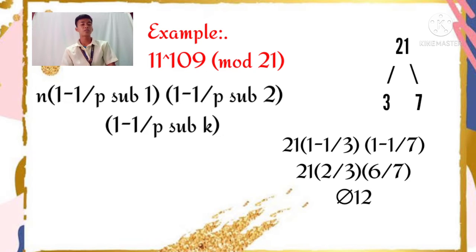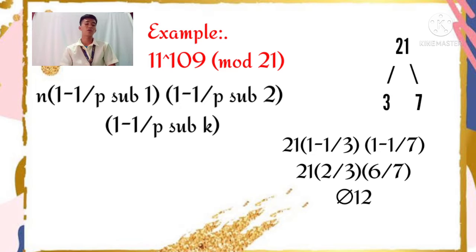After that, let's proceed and simplify. So, 21 times the quantity of 2 divided by 3, times the quantity of 6 divided by 7. So, the answer is φ(21) = 12.